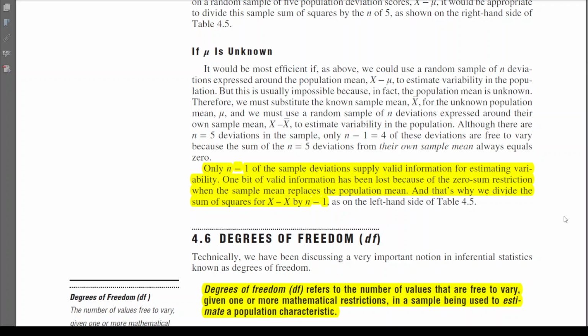Only n minus 1 of the sample deviations supply valid information for estimating variability. One bit of valid information has been lost because of the zero sum restriction when the sample mean replaces the population mean, and that's why we divide the sum of squares for x minus x bar by n minus 1 and not n.